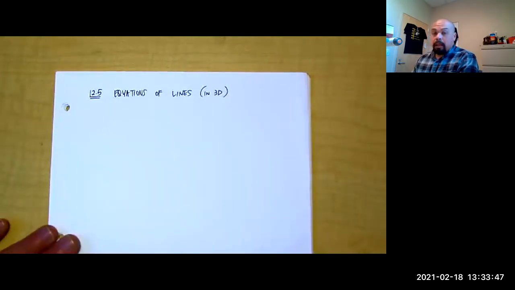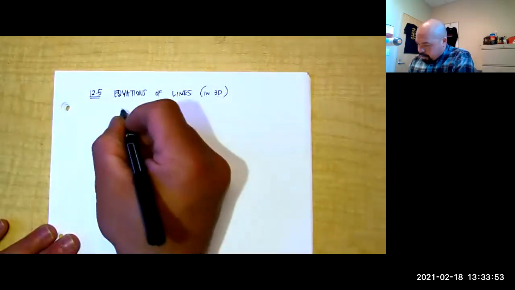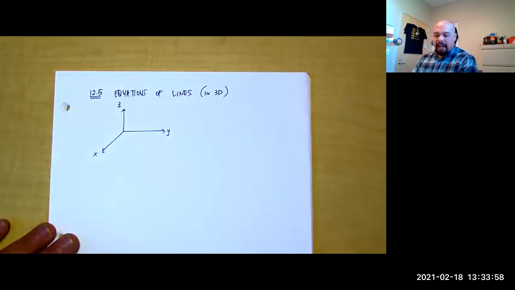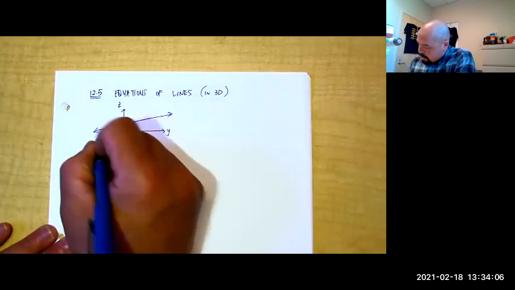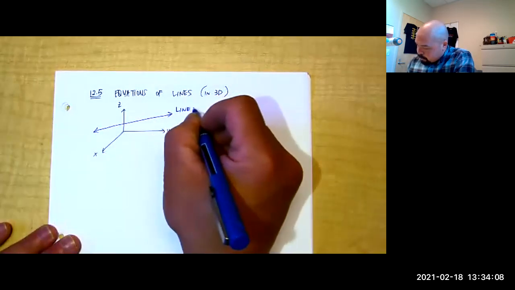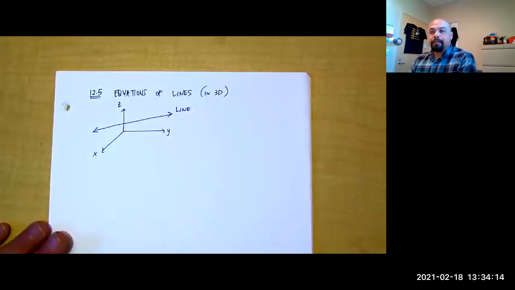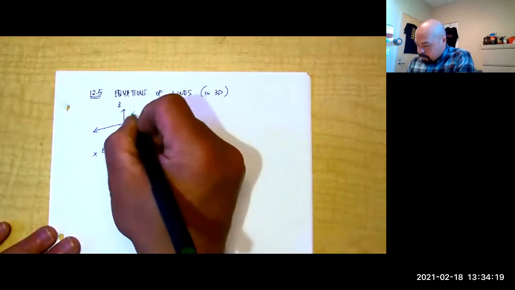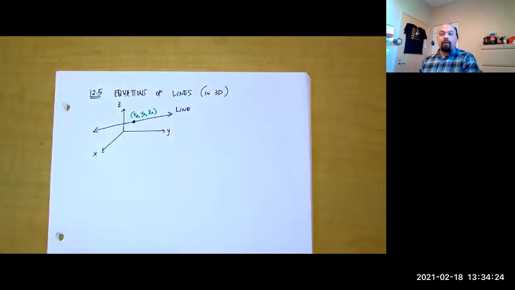Looking at this, in our 3-dimensional coordinate system, that rectangular Cartesian coordinate system, when we look at some line traveling through that space, similar to our lines in 2 dimensions, we need to make sure we can identify some point, x naught, y naught, z naught, some initial starting point.